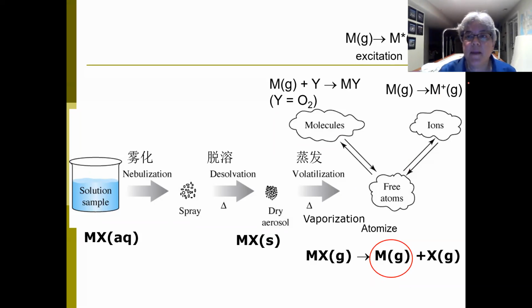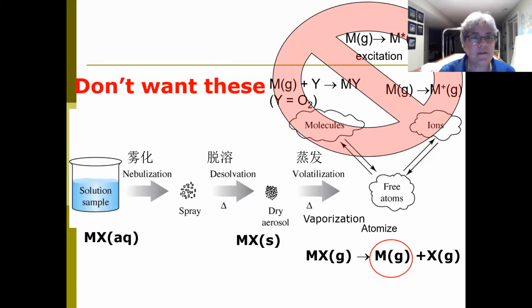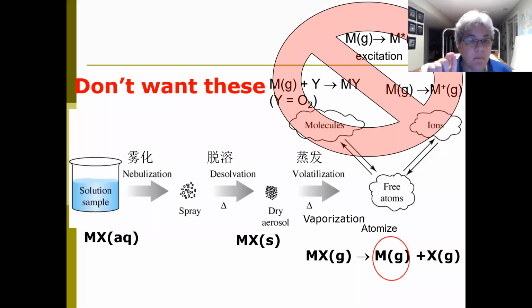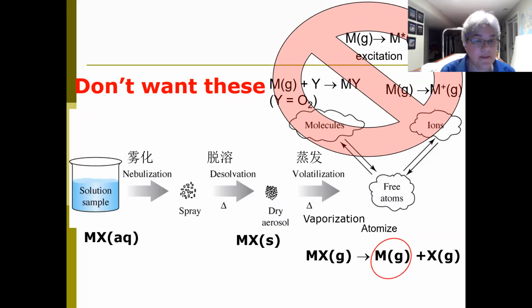And sometimes you may even get excited M. Okay, now all of those three things we do not want. Remember, my signal comes from M absorbing the light. So if my sample is M excited or M+, those do not absorb the same light that M does. Okay, so this is what I want, M in the gas phase.